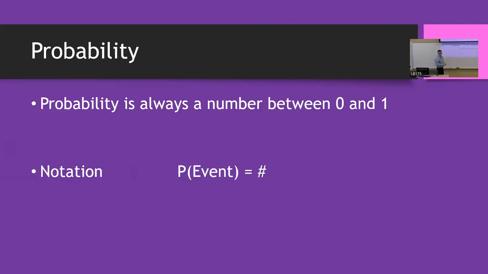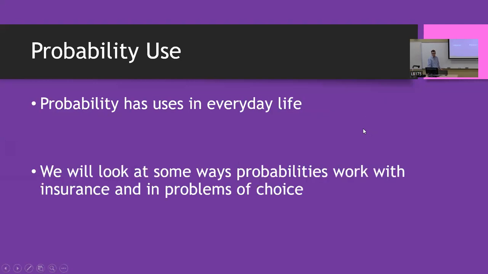So P in parentheses, whatever event, just means probability of the event occurring. Is that okay? That's pretty straightforward. So the probability of the event occurring is capital P and then in parentheses E. That number is always going to be between 0 and 1. A lot of times we're going to write that as a fraction, and a lot of times we'll write that as a decimal. Okay.